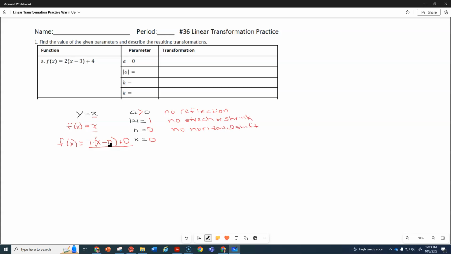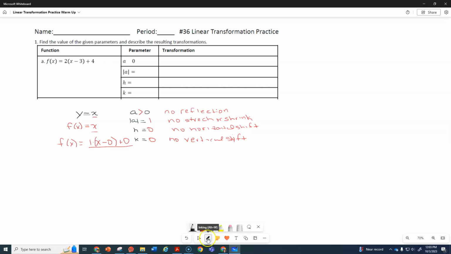Because this, by the way, is the parent function, so none of these transformations happened, and there is no vertical shift. So even if I did ask you about the parent function, you could still fill out this form just simply by telling me what the value of a, h, and k are.